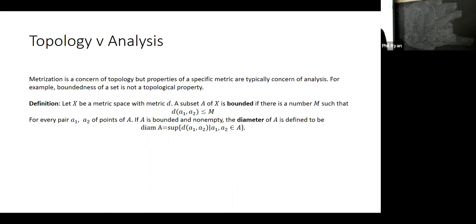And we know straight away, for example, that the open interval (0, 1) is homeomorphic to R. So boundedness is something that can't possibly be topological. But it's a really important thing in analysis. So straight away you can see that there's going to be a distinction between topological things and analytic things.